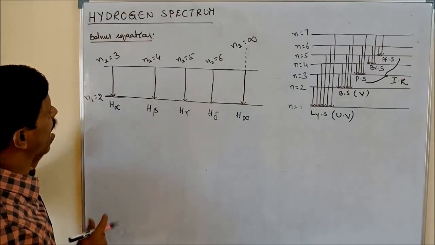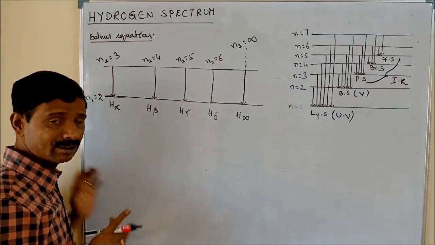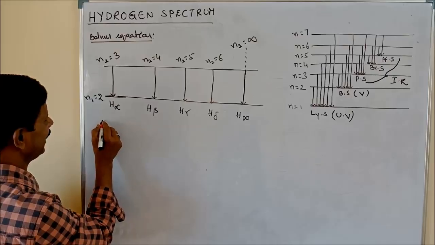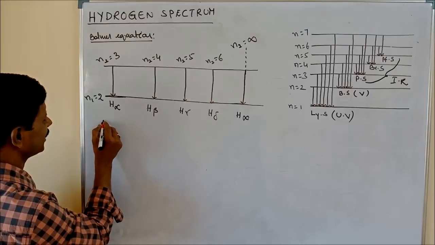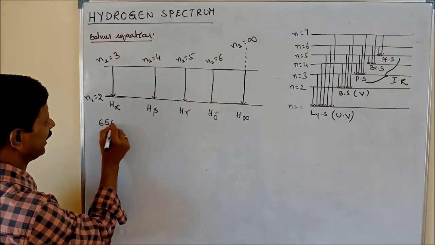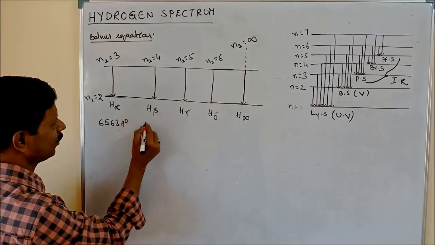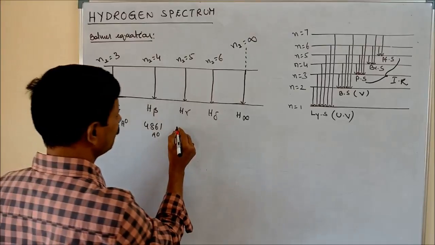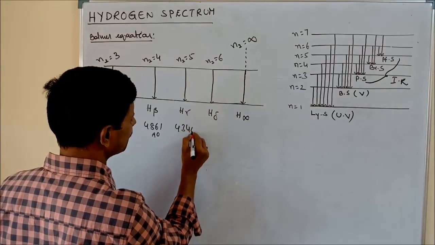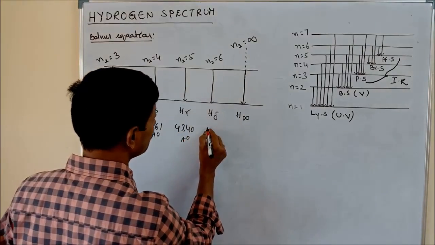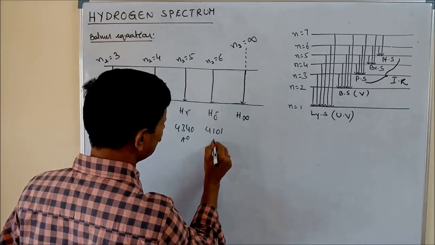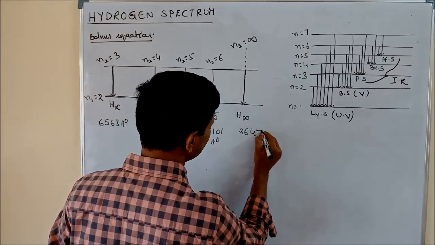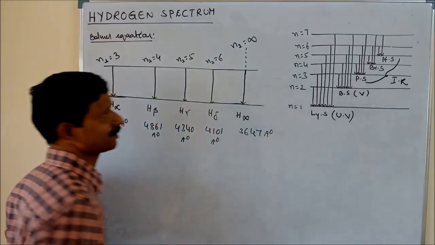And now, with the help of his equation, he calculated the wavelengths. They are found as, in angstroms: the first line 6563 angstroms, 4861 angstroms, 4340 angstroms, 4101 angstroms, and this is 3647 angstroms.